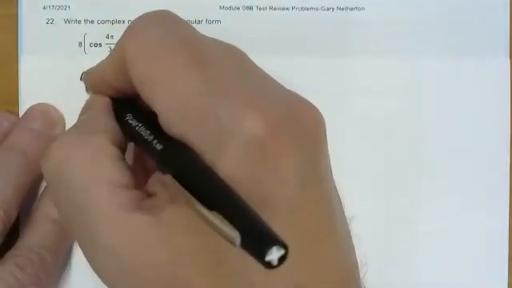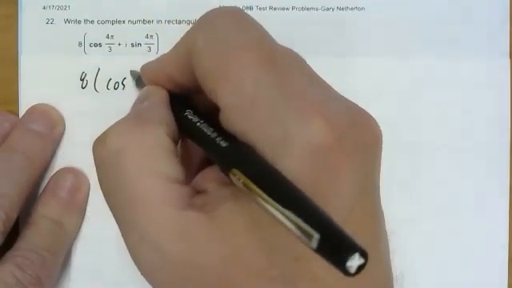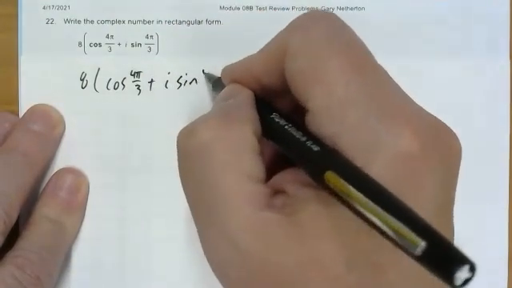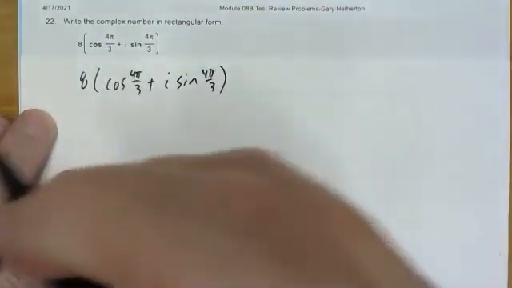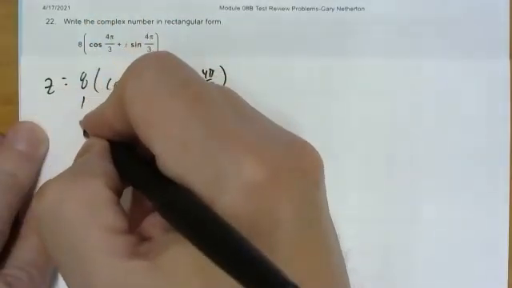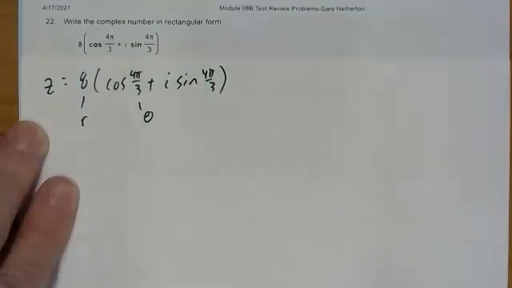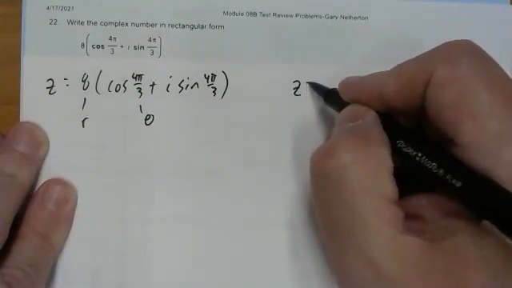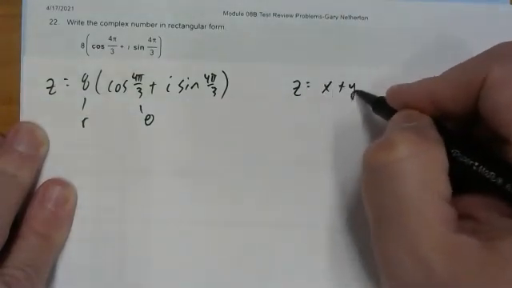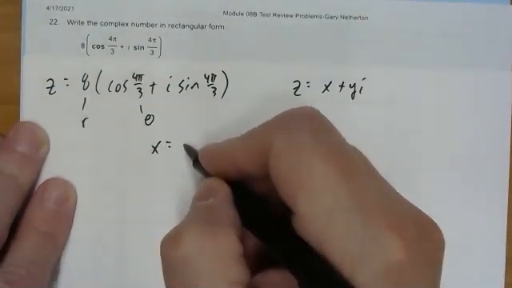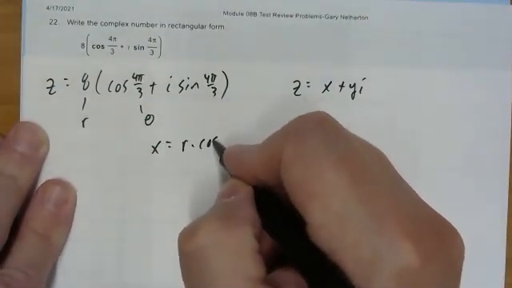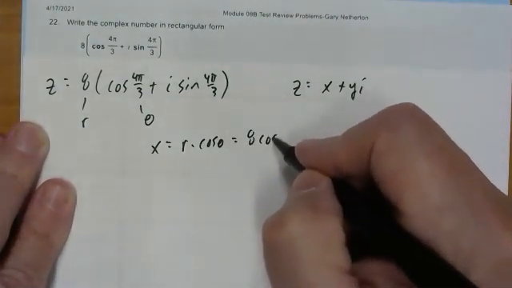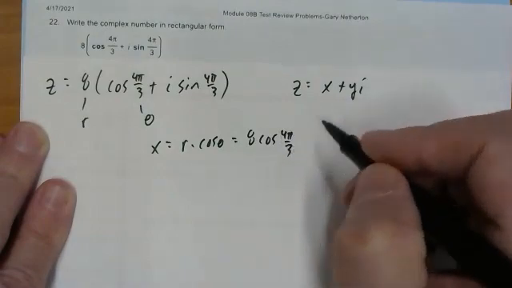I'll write it down here, 8 cosine of 4 pi over 3 plus i sine 4 pi over 3. This is r, this is theta. Well, we know in rectangular form, it's x plus yi. We know x is r times cosine theta. r is 8, cosine of 4 pi over 3.